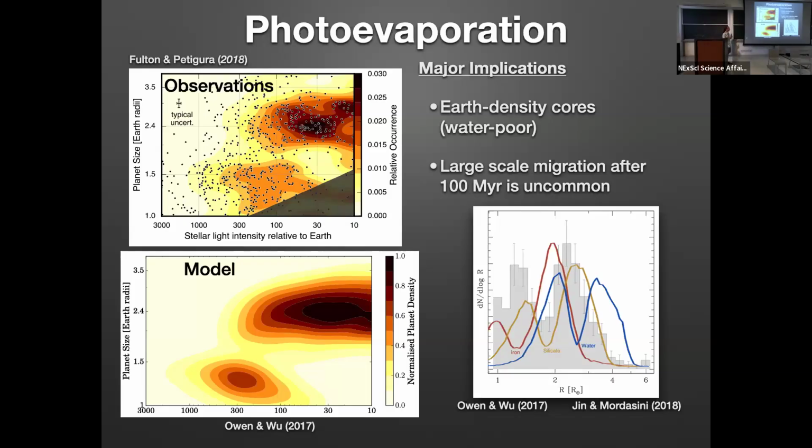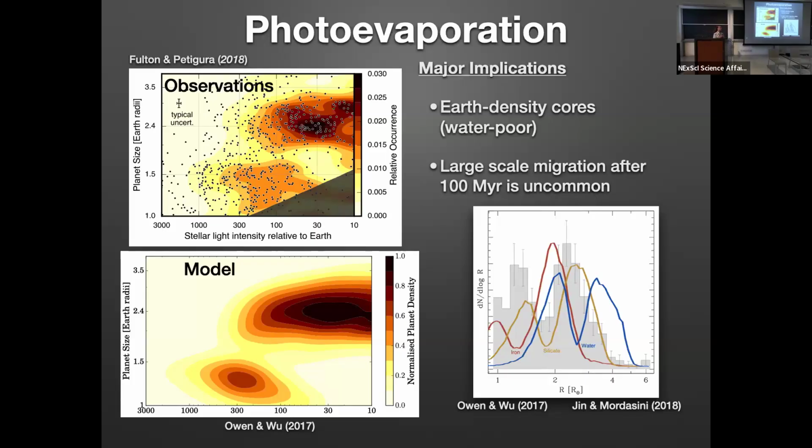So on the right here, I'm showing the planet radius distribution in that light gray with a few simulations from if you assume that cores are all iron versus all silicate and all water in the various colors there. The amount of hydrogen helium that it holds onto, that 3%, is determined by the surface gravity at the top of those cores, which is determined by the densities of those cores.